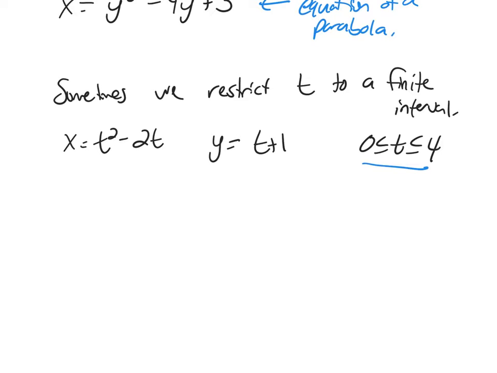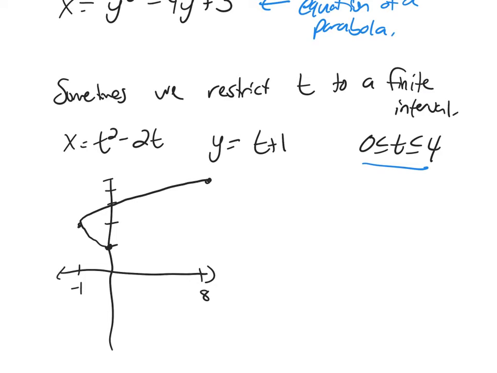Well, you're only going to plot points when t is between 0 and 4. So if you go back to your table and you look at your points, when t was 0, I had 0, 1, then -1, 2, then 0, 3, 3, 4, and then the last one was at 8, 5. So I had this kind of picture. So I have a starting point and an ending point for my curve.